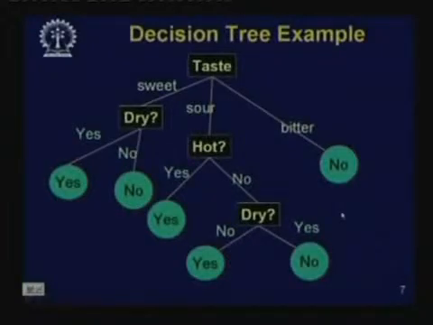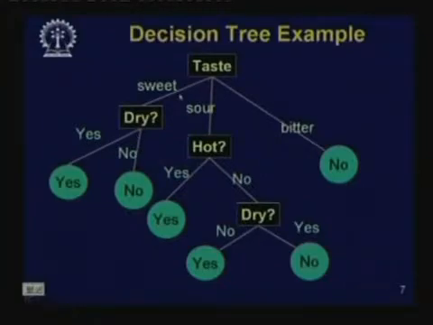This is an example of another decision tree, and this decision tree has been constructed to find out whether a person likes a particular type of food. Now, there are several attributes that we have used. Some of these are taste, dry, hot, and so on.